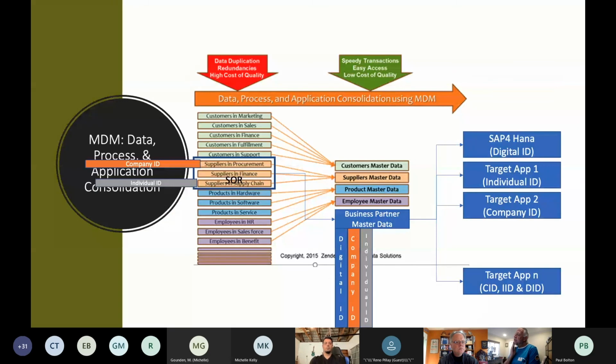Okay, so this is Rena. I hope this answers your question in terms of that flow and the process you need to do to get this to work, where you're saying, okay, which systems contain business party information?